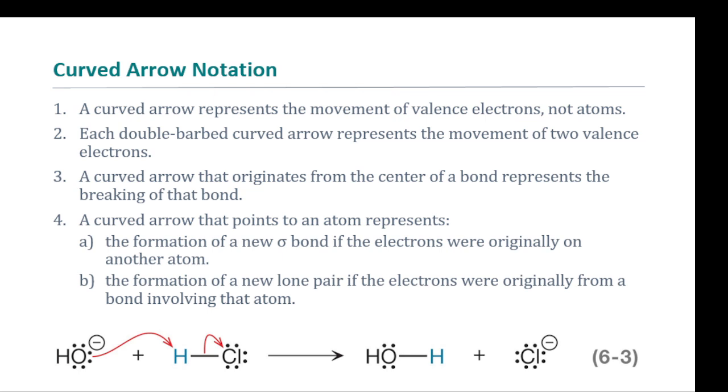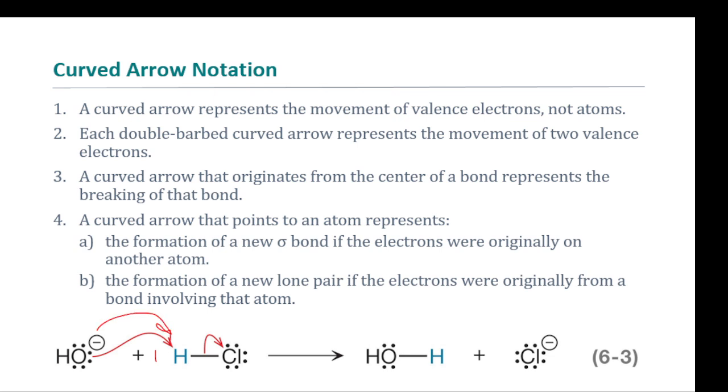So each of the double-barbed arrows is going to represent the movement of two valence electrons. Everybody sees that double barb, right? That's moving two electrons. The curved arrow that originates from the center of a bond represents the breaking of that bond. It represents that we're moving the electrons out of the bond. The curved arrow that points to an atom is going to represent the formation of a new bond. For example, right there.